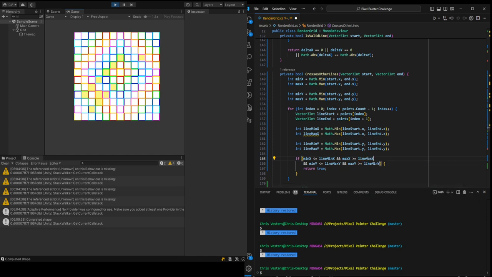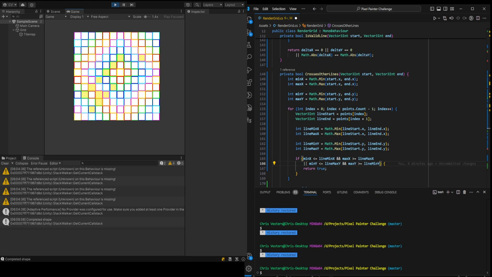If I have a line, I want to check whether the other line is... I have a line from here to here, but then it's the other way around. And this should not be and, it should be or. Since I have a line, I want to see, can I draw this line?